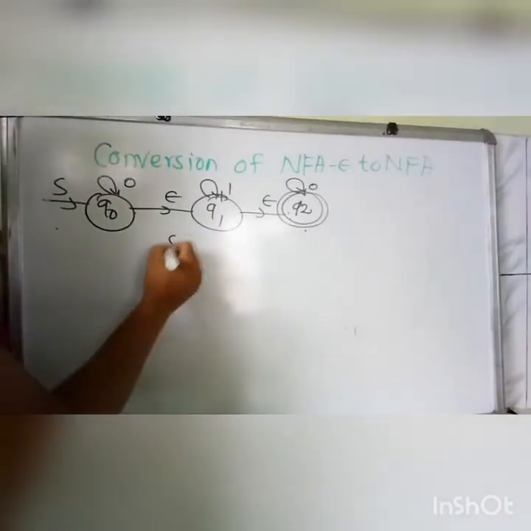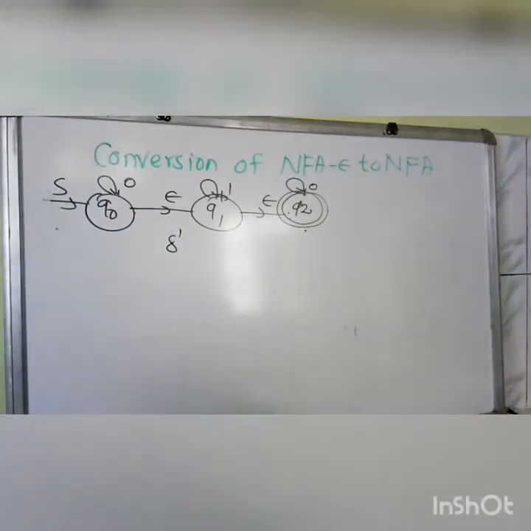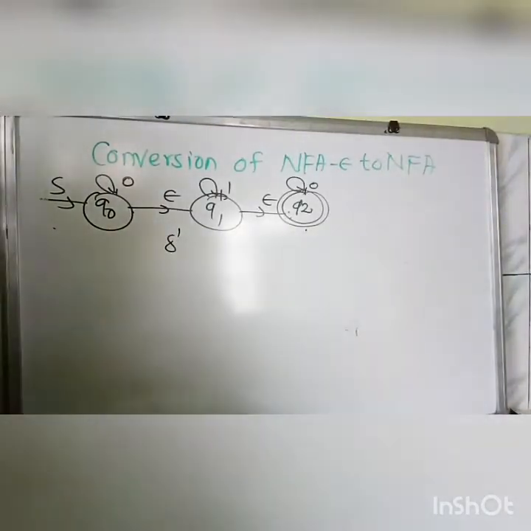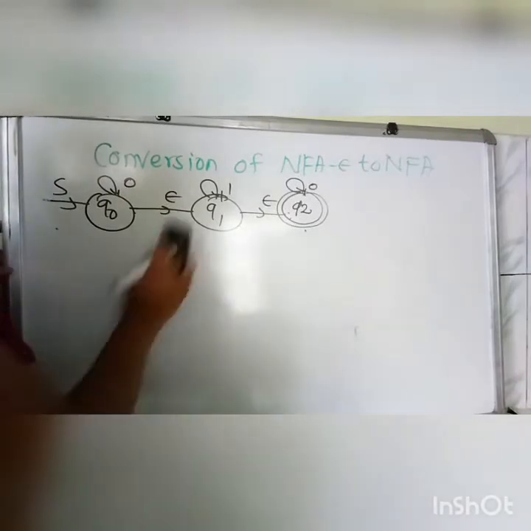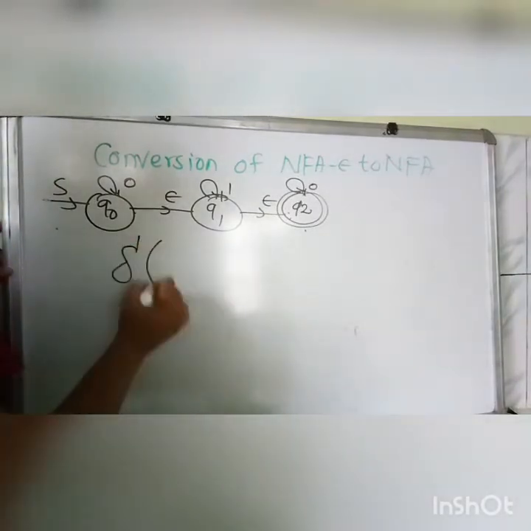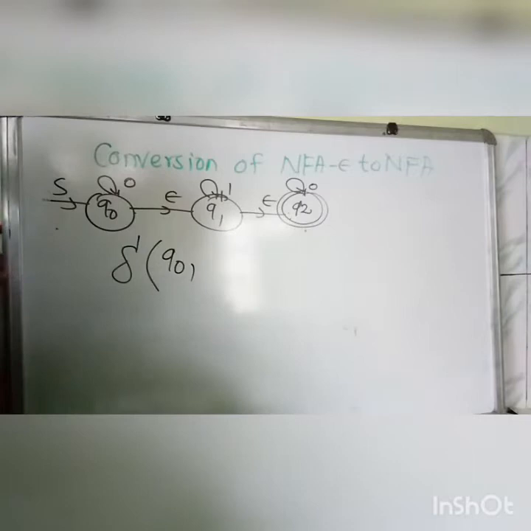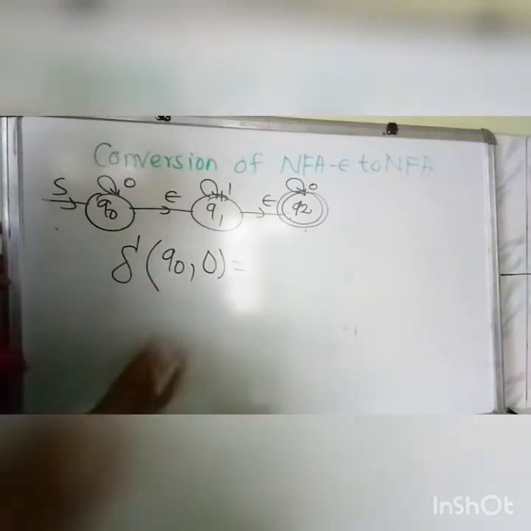Now the first step is what? We have to find the delta dash. What is the delta dash? The delta dash for Q0 on 0 is what?